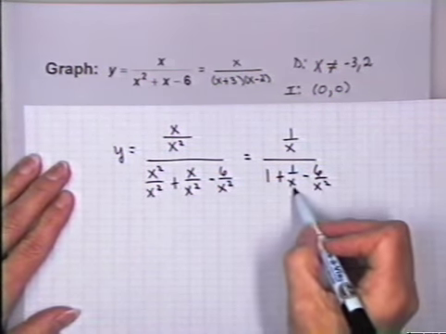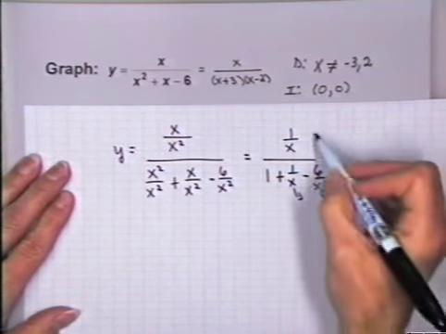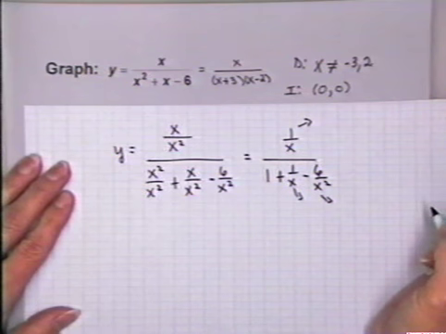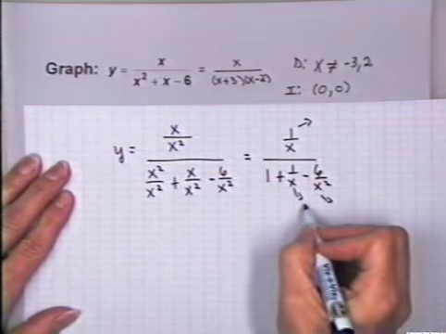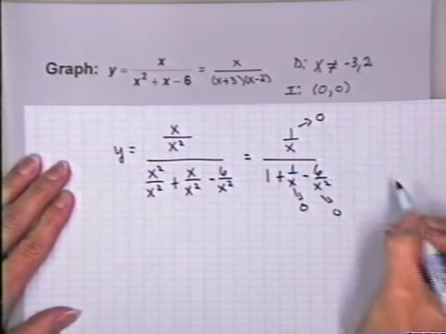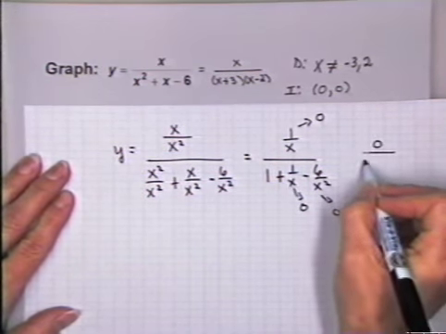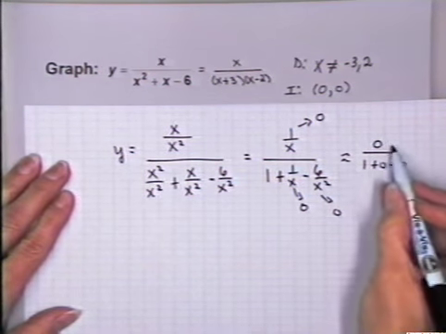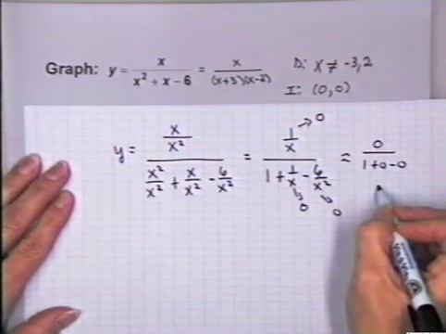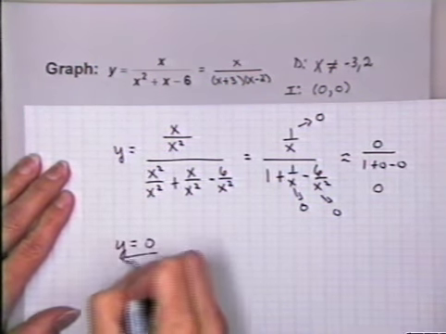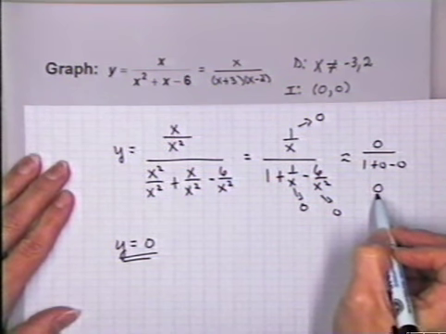Remember the thing I'm looking for, these fraction forms that have x in the denominator: as x gets to be a very large number, whether it's positive or negative, these fraction forms each get very close to 0. So you'll notice we have 0 over 1 plus 0 minus 0 approximately. Well, 0 over 1 is 0. So for our horizontal asymptote, we're getting y equals 0.